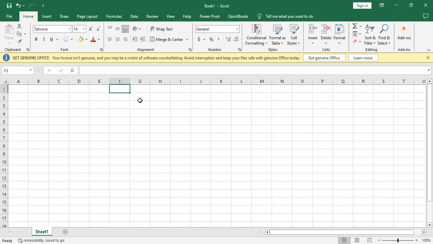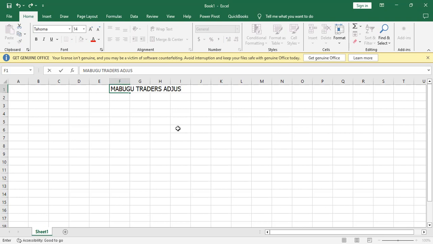So let's prepare Mabugu Traders Adjusted Cash Book, as at 31st March 2019, as per the question.